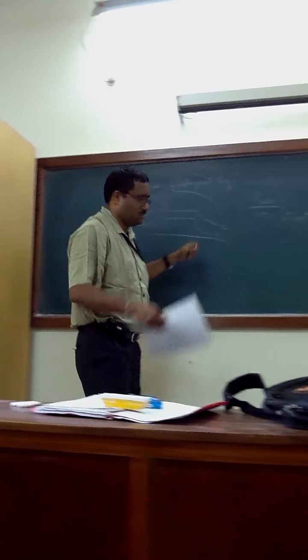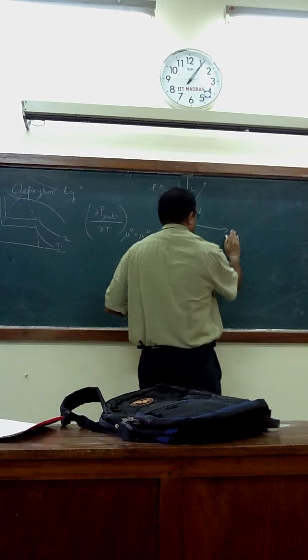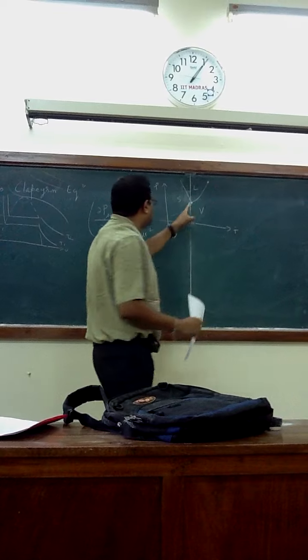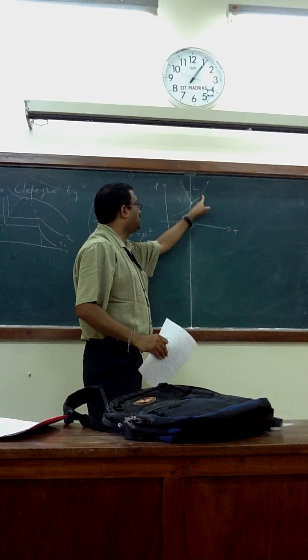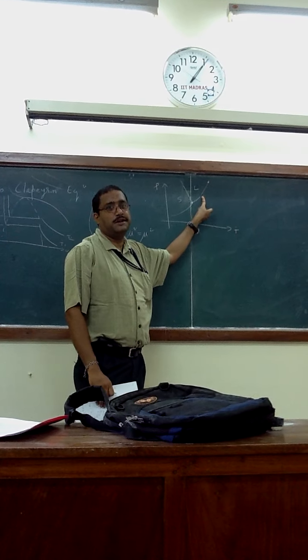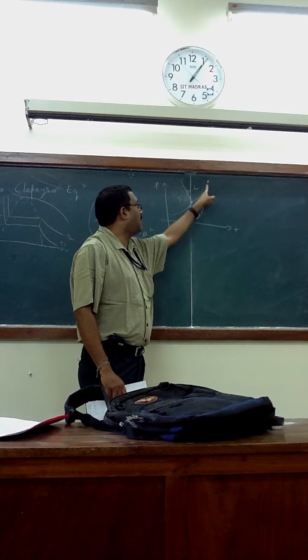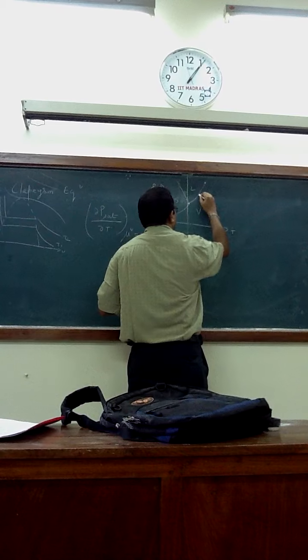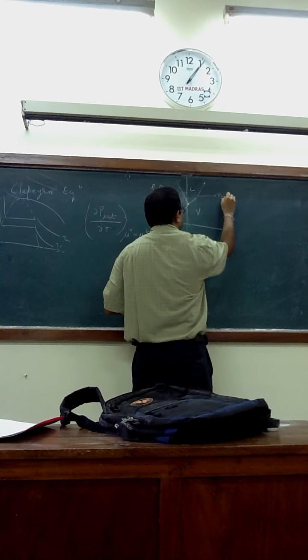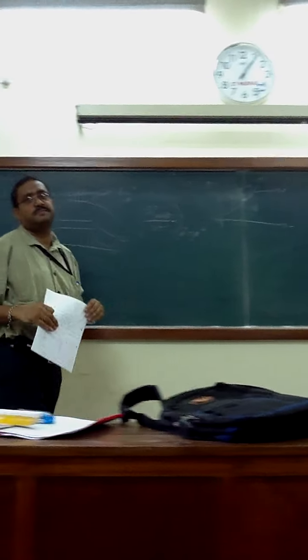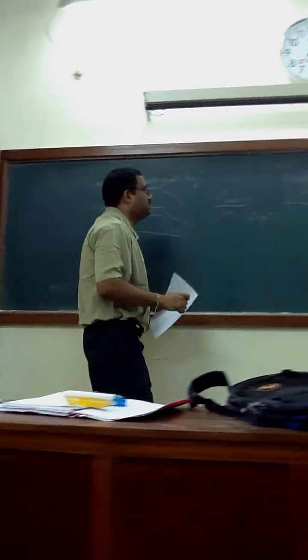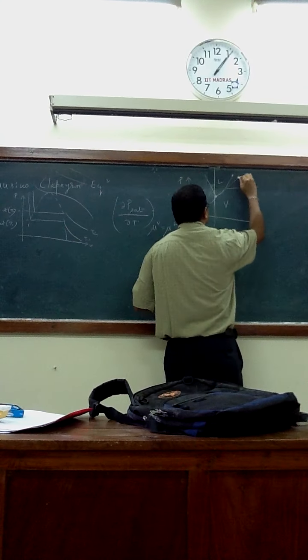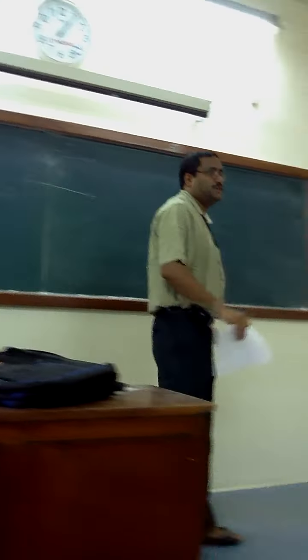If you look at pressure versus temperature, this gives you directly the idea of dP. Slope will give the idea of dP sat by dT, right? Along this line, pressure is P sat, the saturation pressure. If you draw a tangent, it will be dP sat by dT.